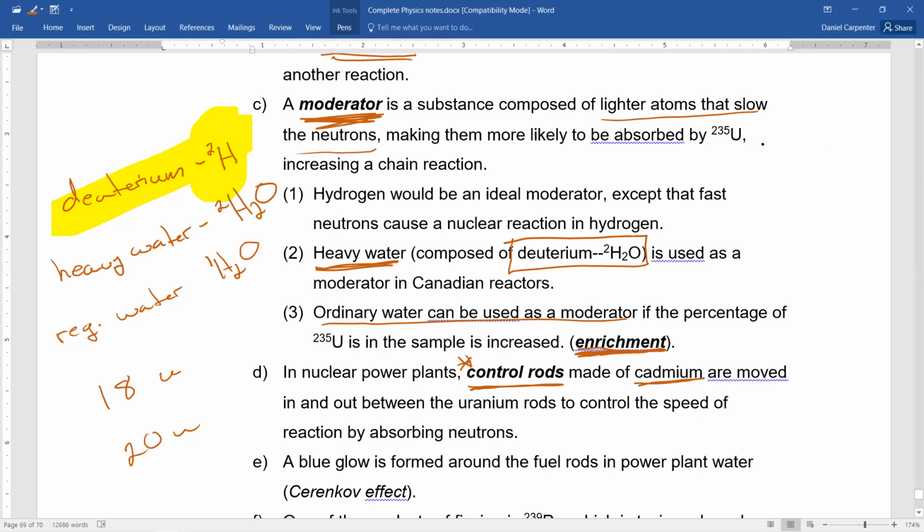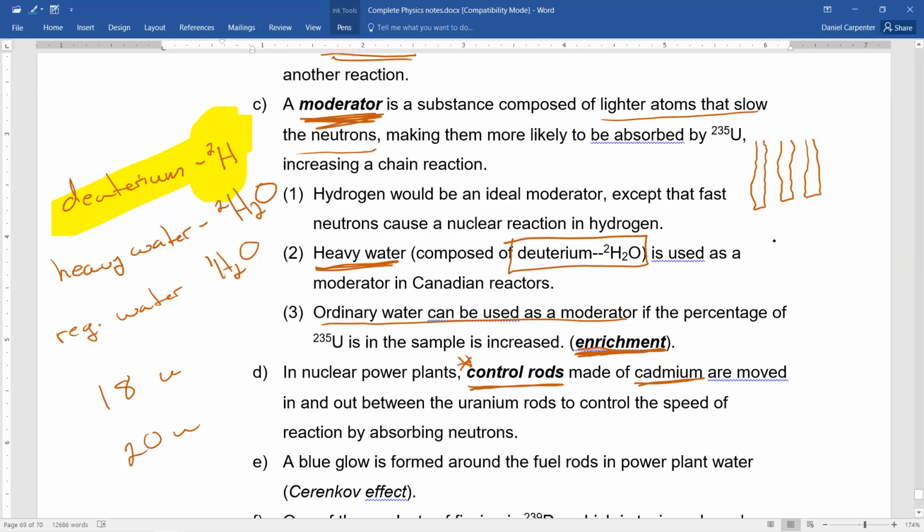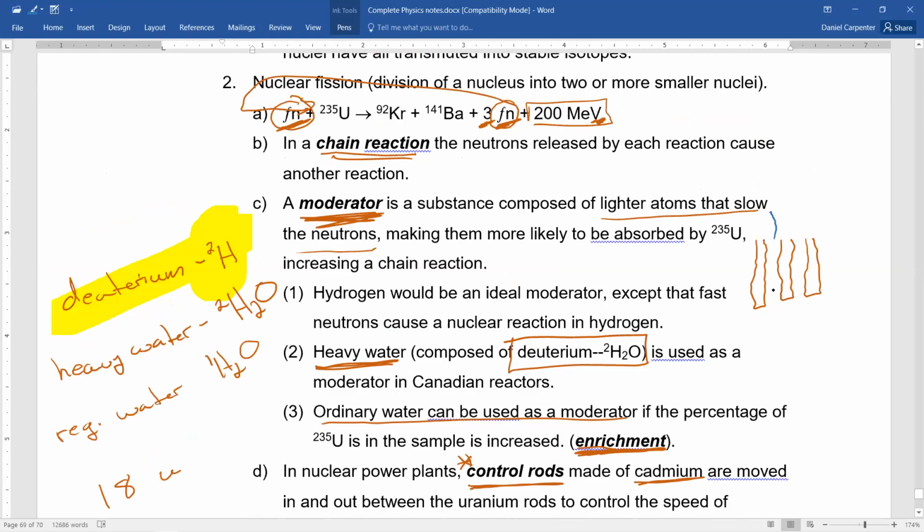So basically, now this is oversimplified, you've got these uranium rods, which are much more smooth than I'm drawing. And then you've got control rods made of cadmium that can go in between them. And again, pretty pathetic looking drawing.